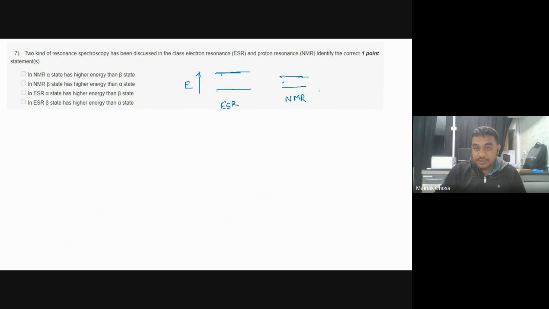For NMR, which one has higher energy? Can you guess which is the answer? Or should I give some hint?